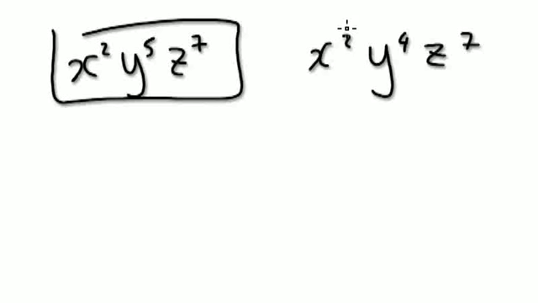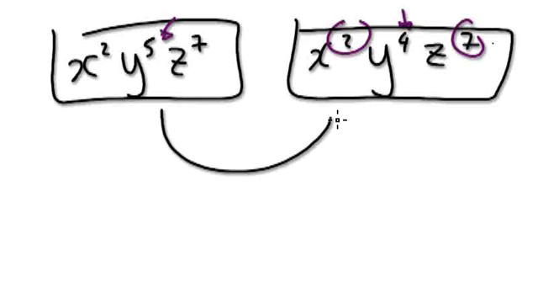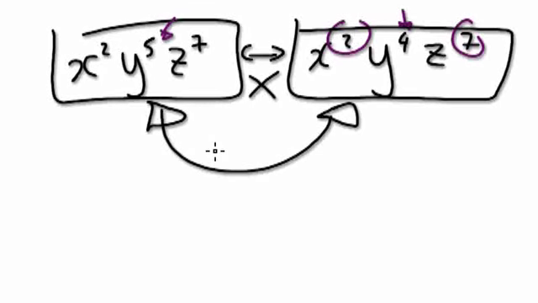Even though the rest is the same, you've got a 4 here, you've got a 5 here. So these two are two different entities. Okay, so you can't add these two together. You can, however, times. But if someone asks you to add, then you can't add the two.